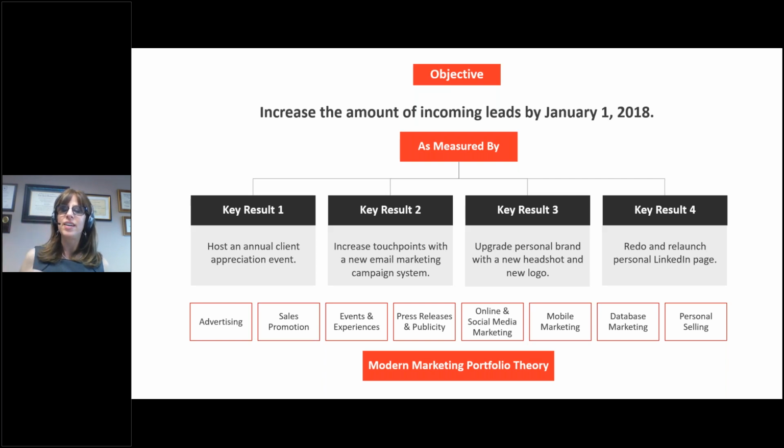Okay, number 4, objective. Remember, increase the amount of incoming leads. Key result number 4, redo and relaunch personal LinkedIn page. Wow. Advisors, anybody managing money that's listening to this conversation right now, if you're not on LinkedIn, if I can't see you, I can't trust you, and I can't do business with you.